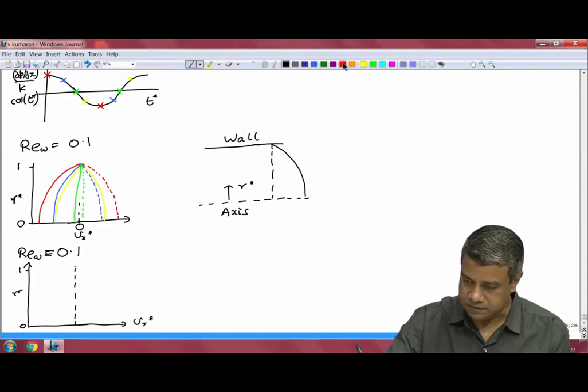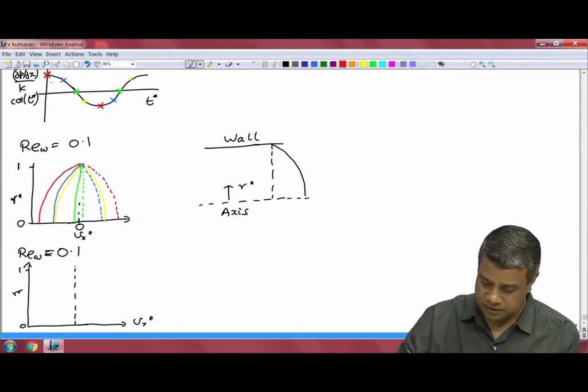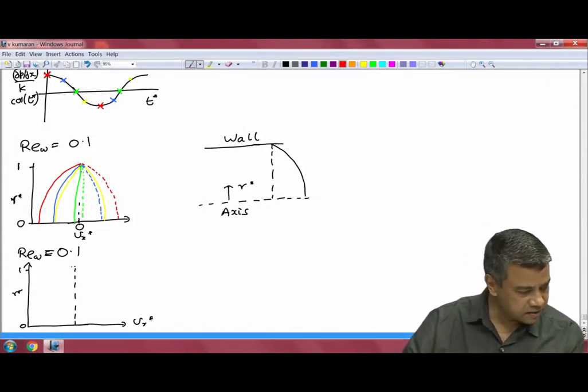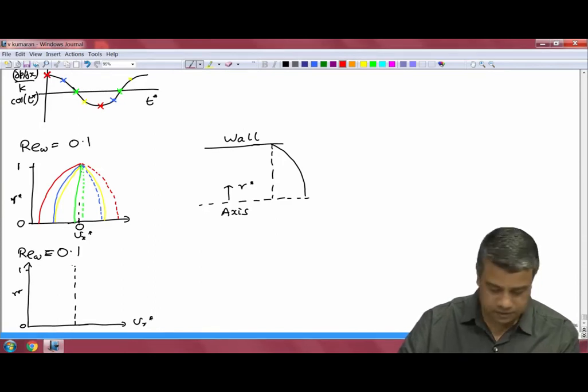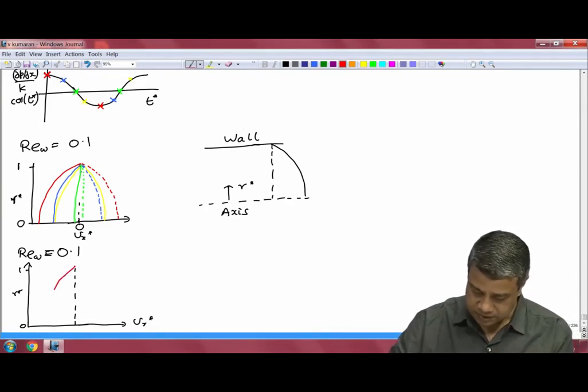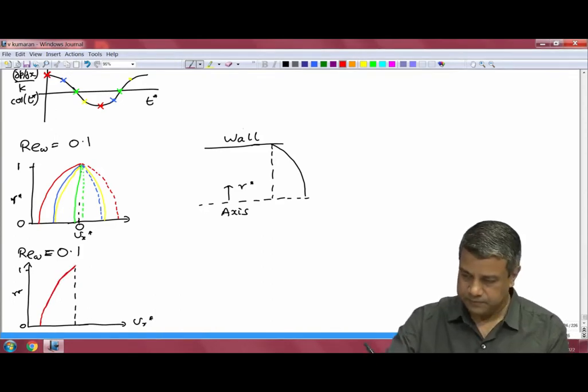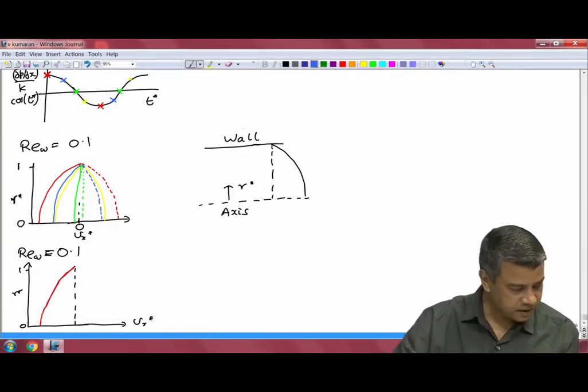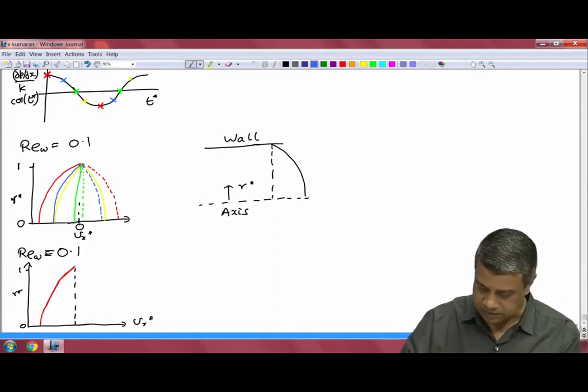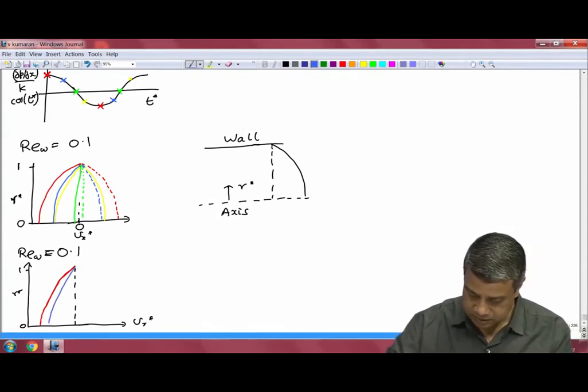The first is this red point here. It will be a maximum in the negative direction, so it will look something like this. Then the next curve is when it is slightly below. You get something that looks like this.